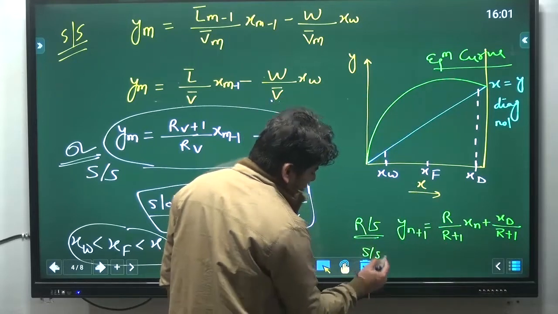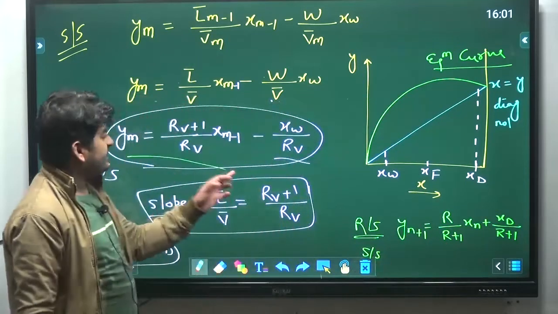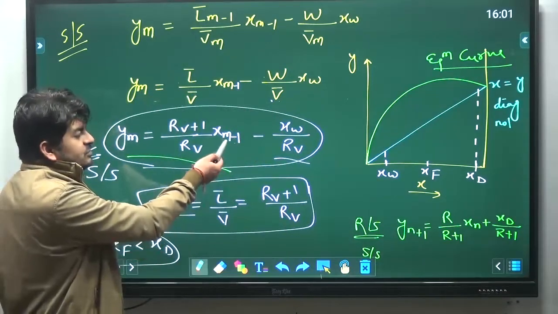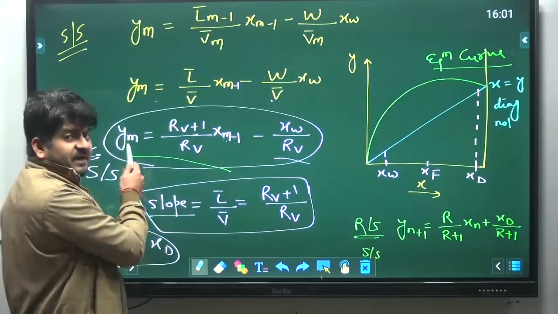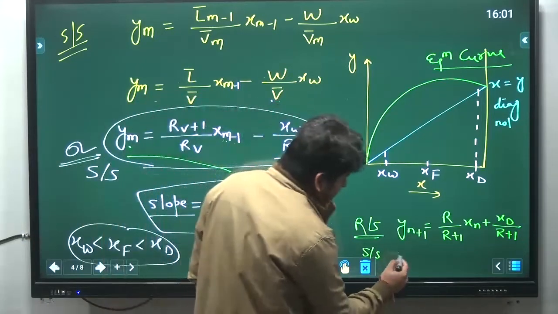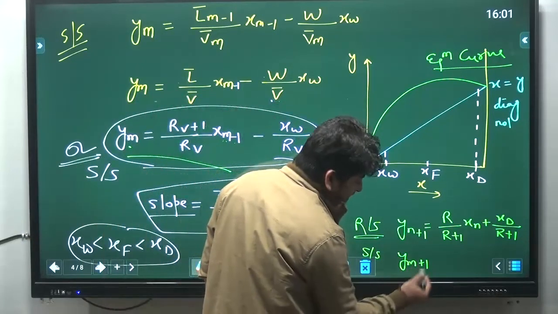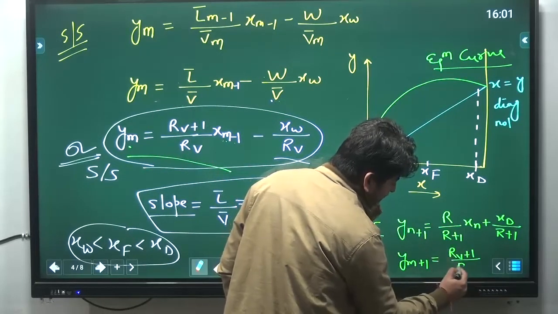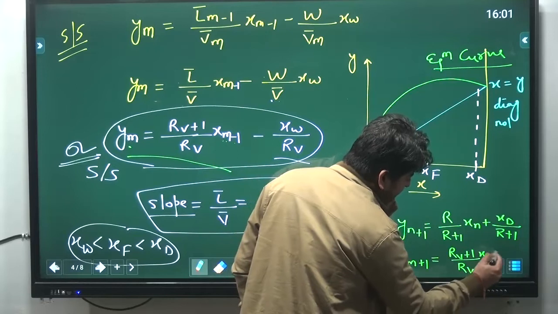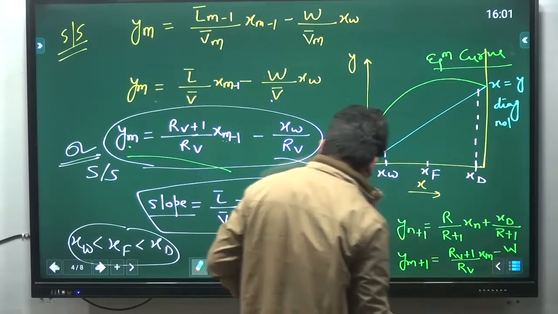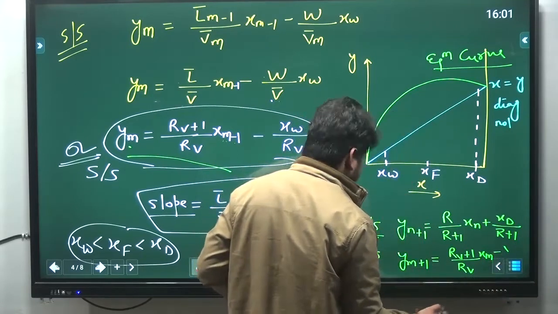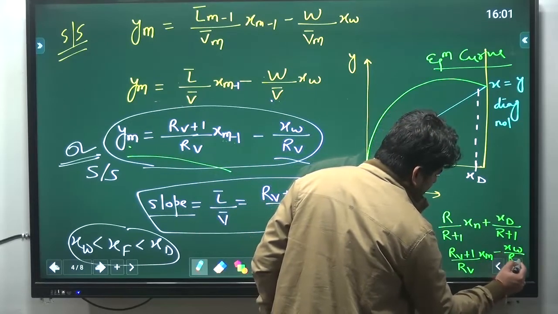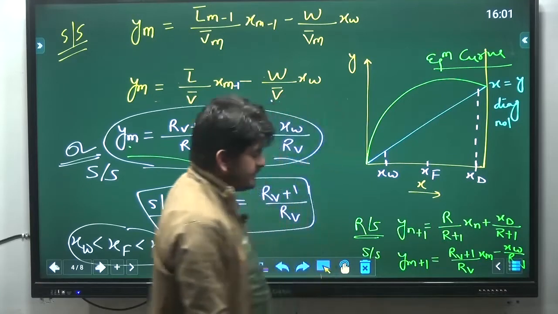For the stripping section, the same equation we can also write. This is for the m minus 1 plate. Instead of this, if you use the m plate, this will become ym plus 1. So you can also write it as ym plus 1 equal to RV plus 1 upon RV xm minus xW over RV.